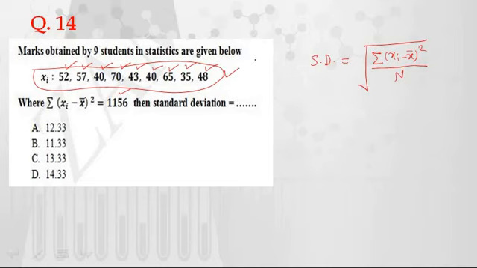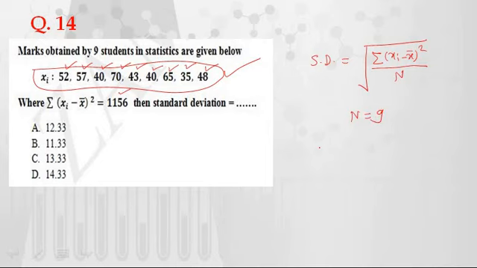This type of data where all the observations are listed out without frequency distribution is called individual series. For that, standard deviation is given by this formula, where n is nothing but the total number of observations listed out. So here the marks obtained by 9 students are listed out, so n will be 9.